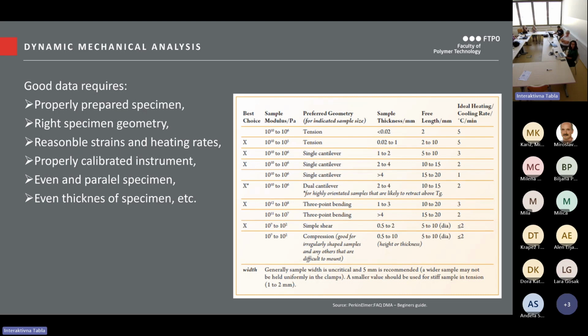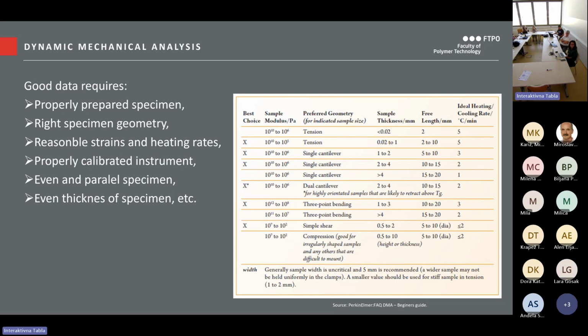It's also always important to have a properly calibrated instrument and apply reasonable strains and heating rates to our samples. Regarding reasonable strains, we noticed with our measurements that when we wanted to apply too high strains, the machine wasn't able to generate enough force.